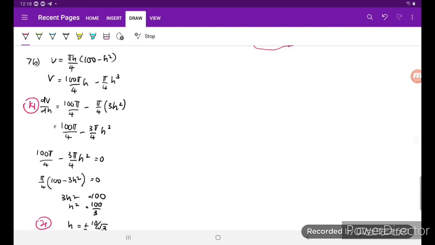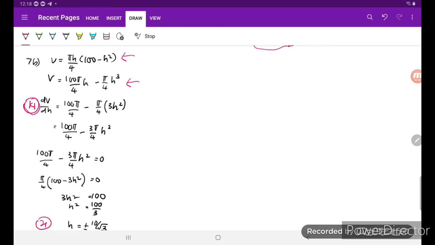For 7b, we want to find the maximum volume of the cylinder. So we use the formula that we showed just now. We differentiate, but before that I want to simplify the function. After I've simplified the function, I differentiate it.